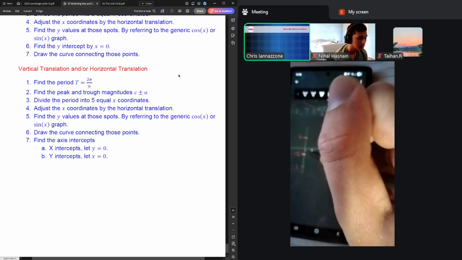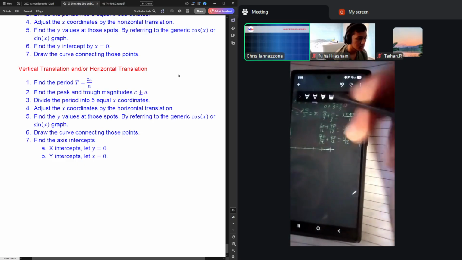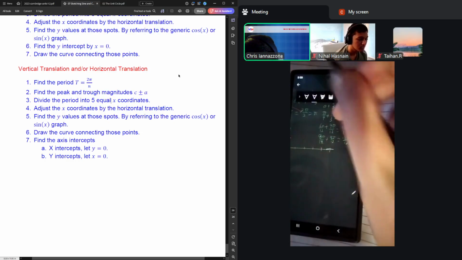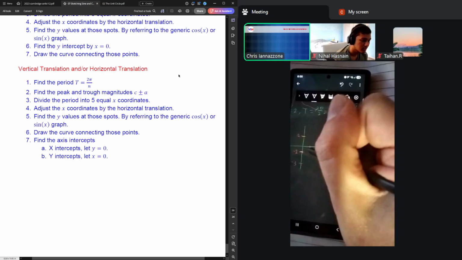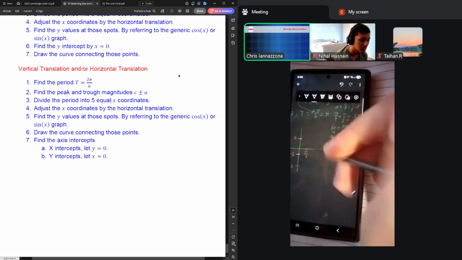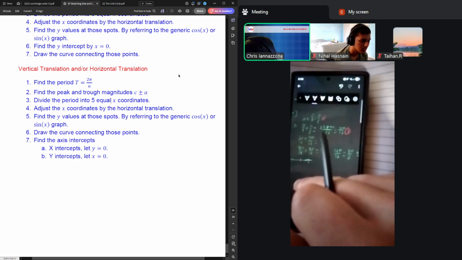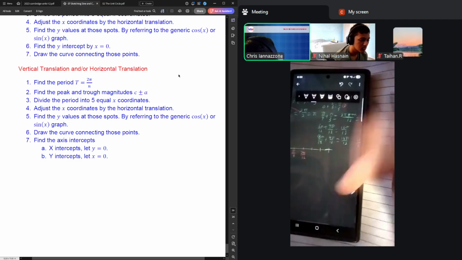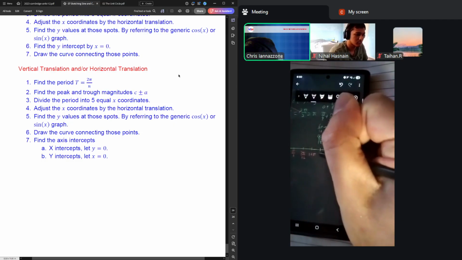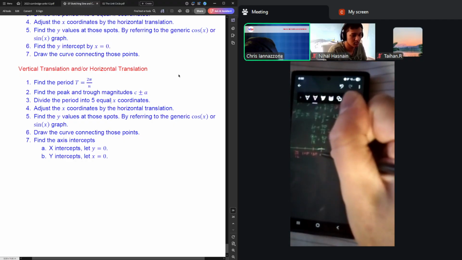So we don't have the origin tick anymore, but we do have a new tick that's going to be a bit further up. Okay, got our pi over 3. We got our 7 pi over 12. Got our 10 pi over 12, 13 pi over 12, and 4 pi over 3.